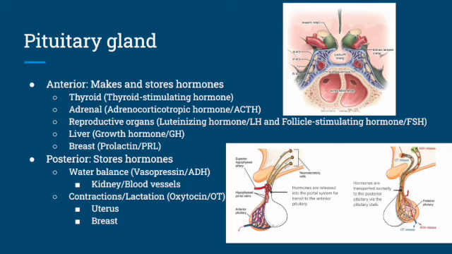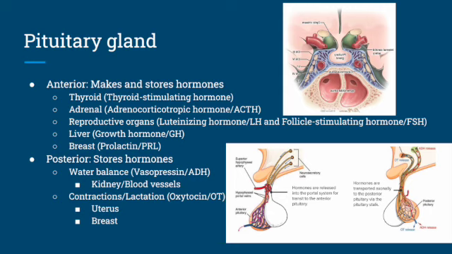The neurosecretory cells from that hypothalamus will release hormones into the portal system that you see there in that picture to get the hormones to the anterior pituitary. And then it will have other connections with the posterior pituitary. It has sort of two lobes where the hormones get transported directly via that pituitary stalk.